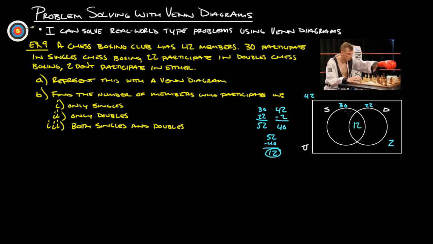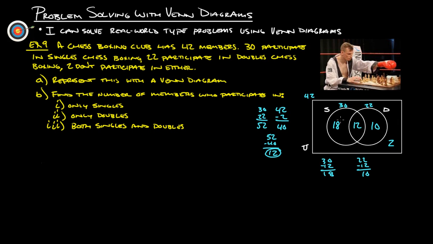So to figure out what this piece is here, we would just do 30 minus 12, and that is going to give us 18. So there's 18 that just do singles, and there's 12 that do singles and doubles, and then 22 minus 12 give us that there are 10 that do just doubles.